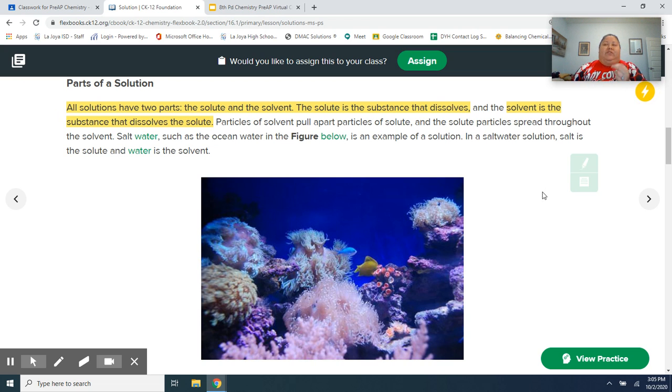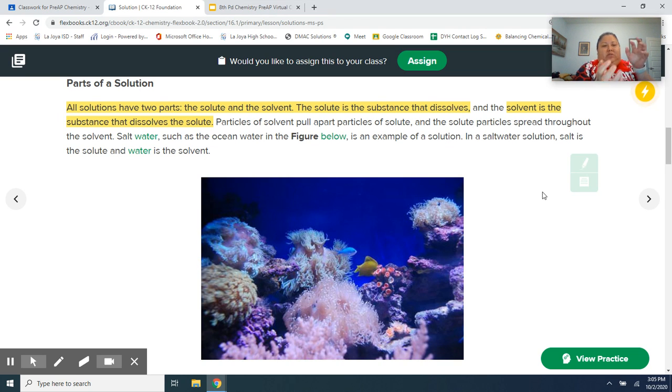So if you're dropping a giant sample of salt into some water, those water molecules, that H2O molecule, will start to basically eat at that giant sample of salt to break it apart. So it's going to go to the atoms on the outside and take it piece by piece.